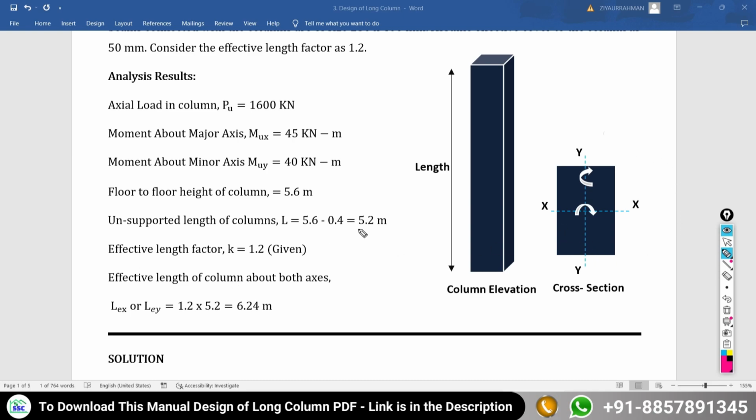At a later stage, we need this value for further calculation.